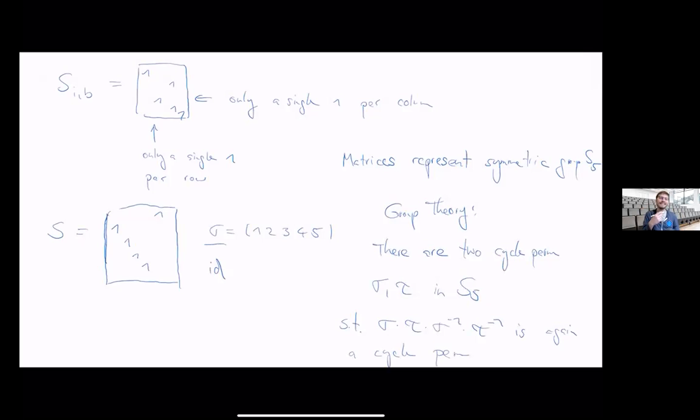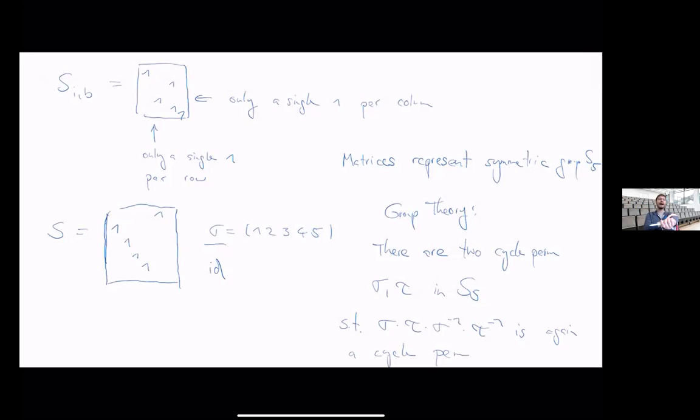So these cycles can look different. But what these cycle permutations have in common is that if I apply this cycle permutation 5 times in a row, I will get the identity permutation, and 5 is in fact the smallest number needed to do that.